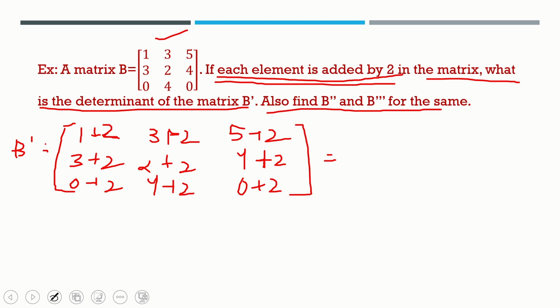Okay, so first of all I am going to solve it manually.